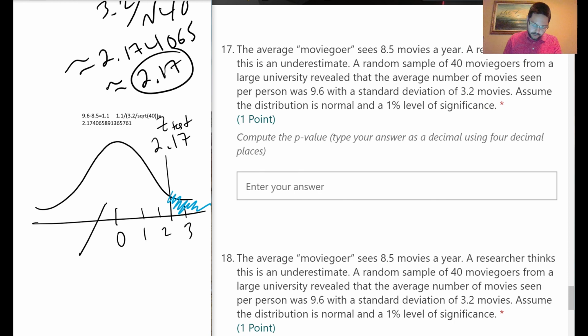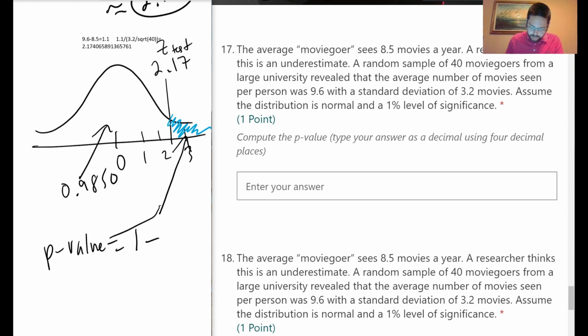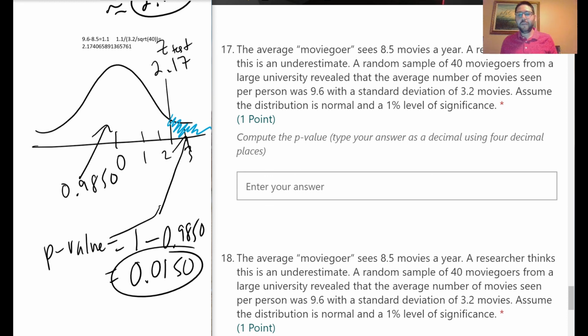So they just gave you that this area is 0.9850. If I want to find the area to the right, I got to do 1 minus. So if I want to find this, which is my p-value, I got to do 1 minus 0.9850, which is going to be 0.0150. So that's my p-value.